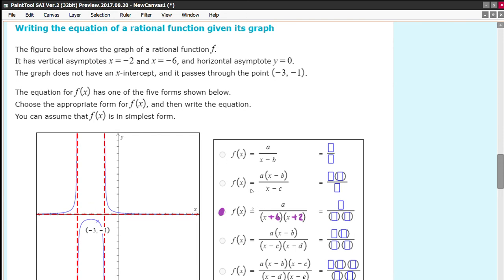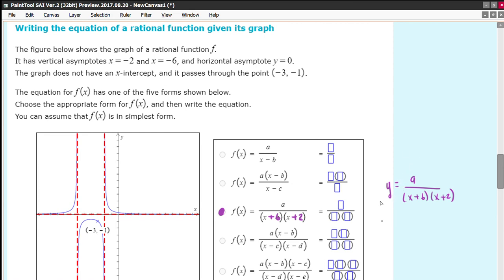That means that if we substitute x and y in this function, we can find the value of a. So this is how we do it. We write our function as y equals a over (x plus 6) times (x plus 2). Let's substitute the values of x and of y into this equation to find the value of a.